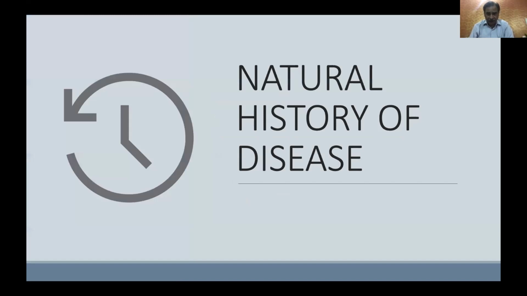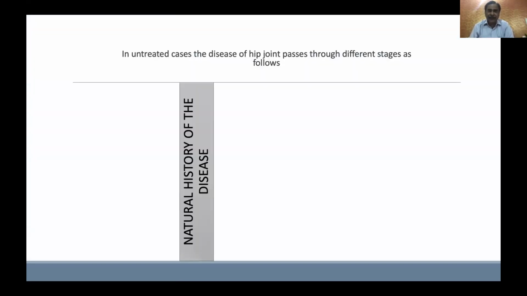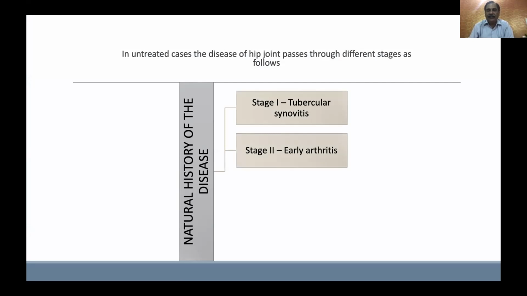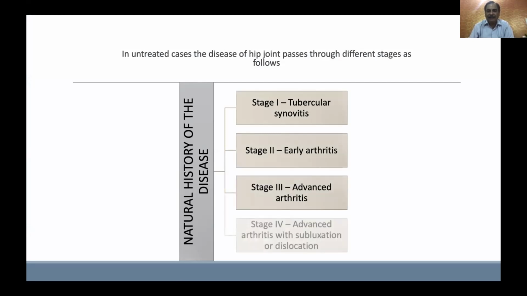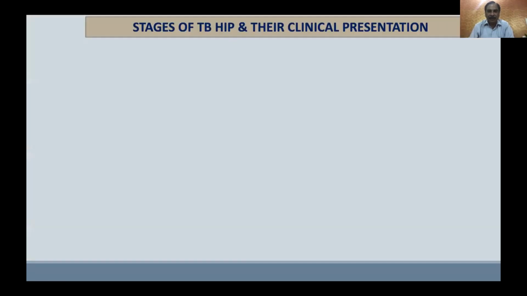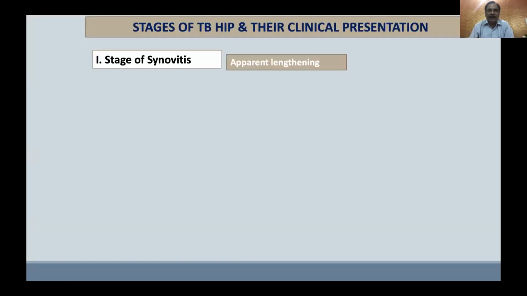hip joint. Now, let's talk about the natural history of the disease. So, in untreated cases, the disease of hip joint passes through different stages, which are as follows. The first one is a tubercular synovitis, early arthritis, advanced arthritis, and then advanced arthritis with subluxation or dislocation. Now, the stage of synovitis leads to apparent lengthening and the flexion, abduction, external rotation deformity.